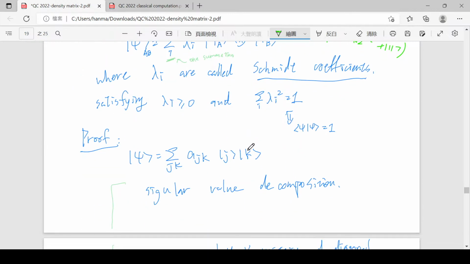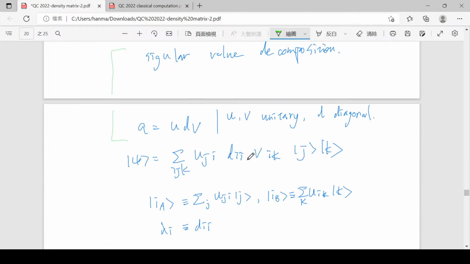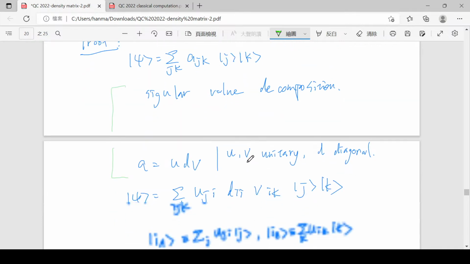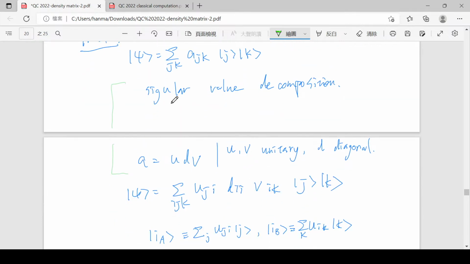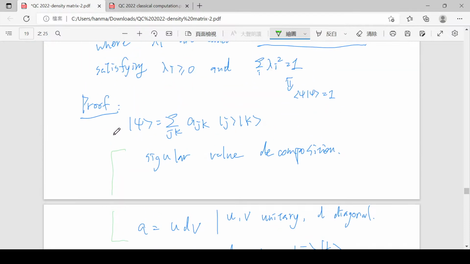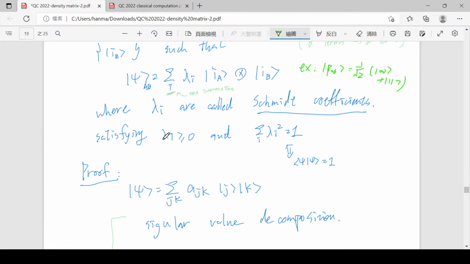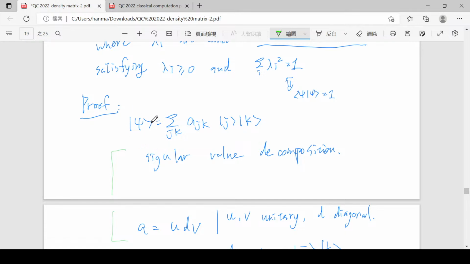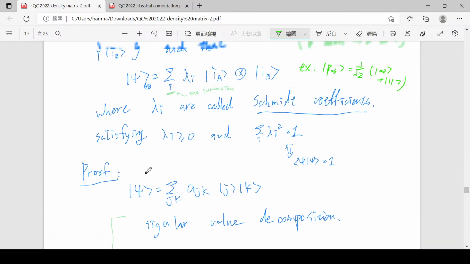Let's go over the proof. The proof is quite short if we know a little more about linear algebra. The proof starts with just writing down notation. Let's express our arbitrary psi AB in the most general form.